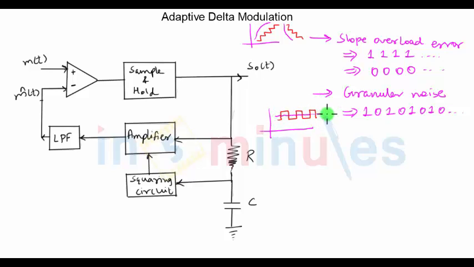So in this case, the step size of m cap t should reduce. If the step size reduces, we can make it look very similar to m of t, which is almost constant. And in the previous case, if I can increase the step size of m cap t, it can easily reach m of t, and I can avoid slope overload error.